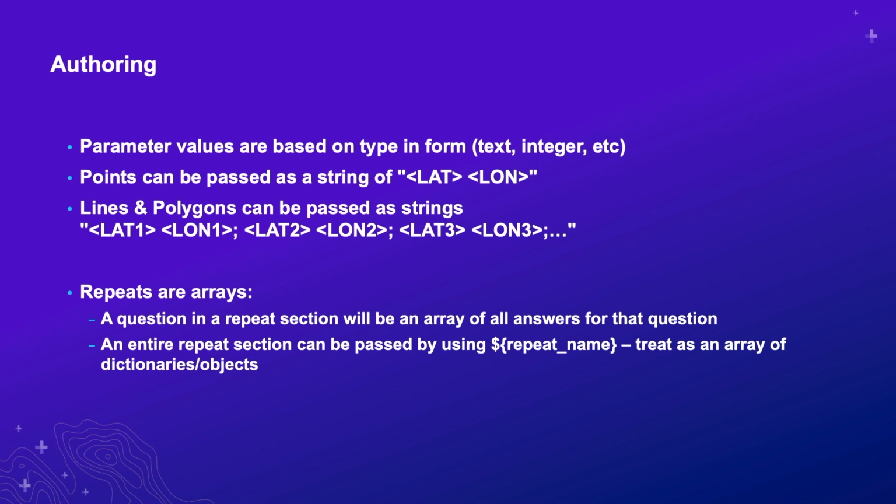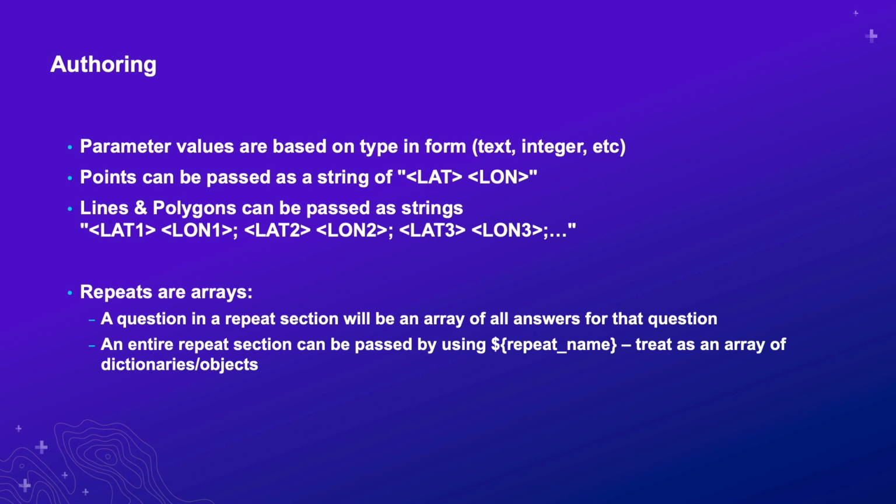If a question that is in a repeat is used as a parameter for a question outside of that repeat, the function will receive an array of all values of that question as the parameter. This is useful for doing statistical or other aggregation type functions.